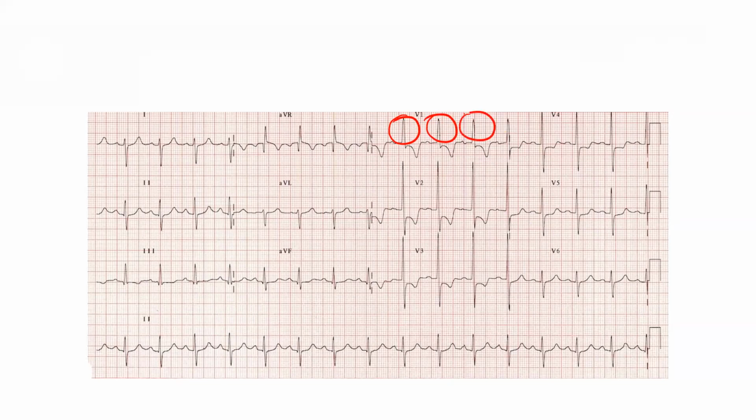If you see a normal ECG, in V1 usually the S wave is more prominent and the R wave is not very prominent. But if the R to S ratio is more than 1, it means the R wave is more prominent in V1.